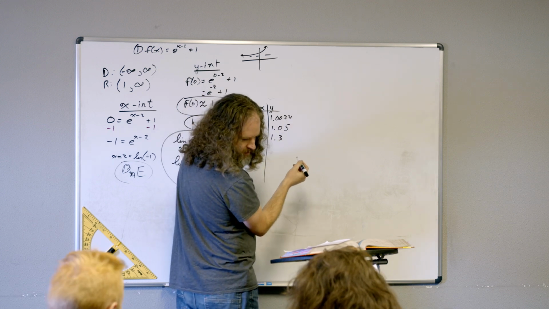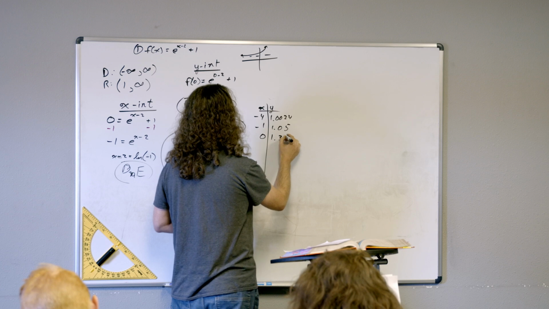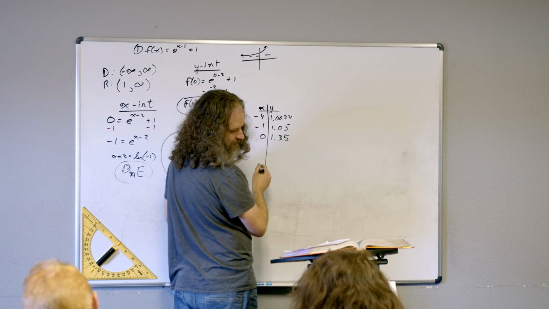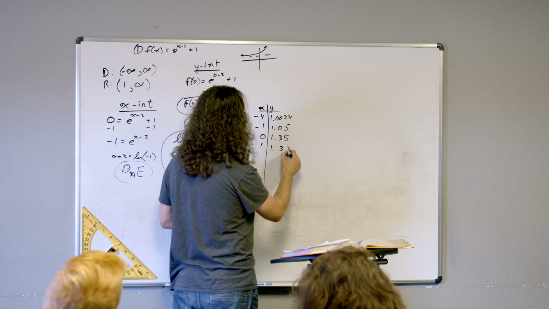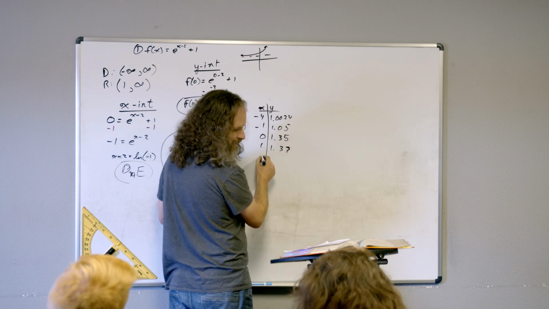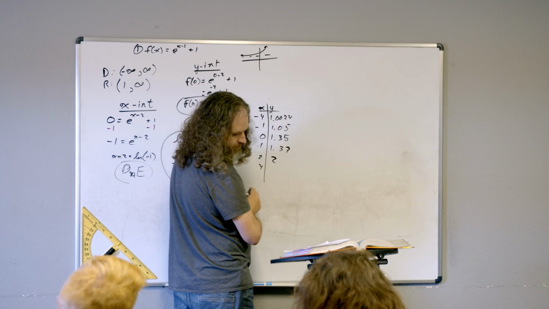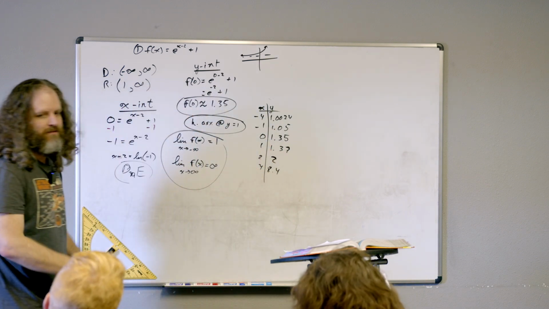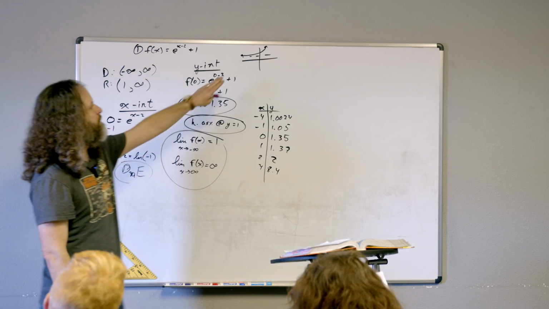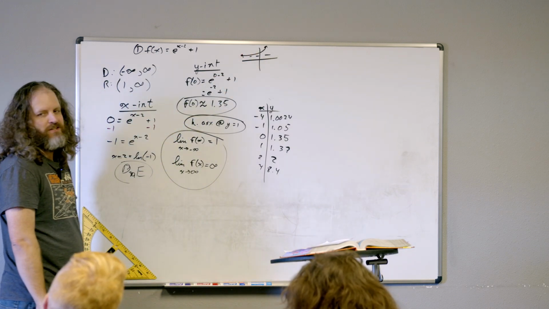Then 1 and 3.7, then 2 and 4 and 8.4. Then I did all the dots and graphed it, and it looks something like this. What other questions from the test?